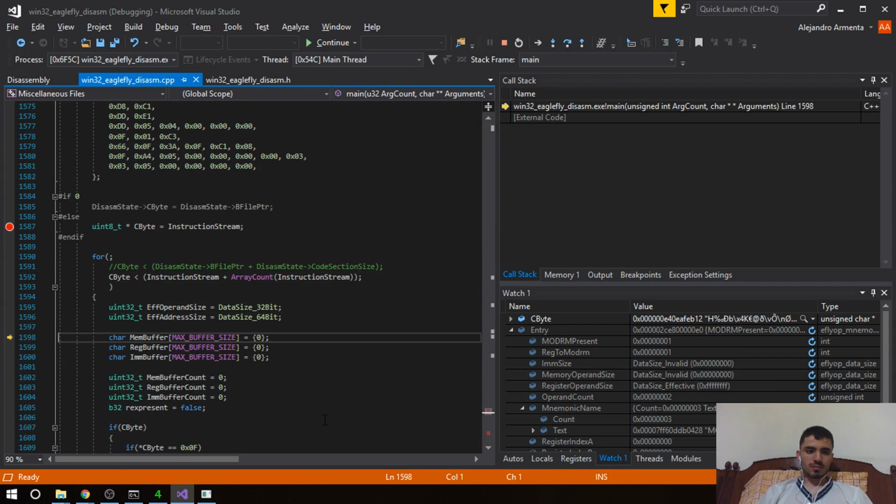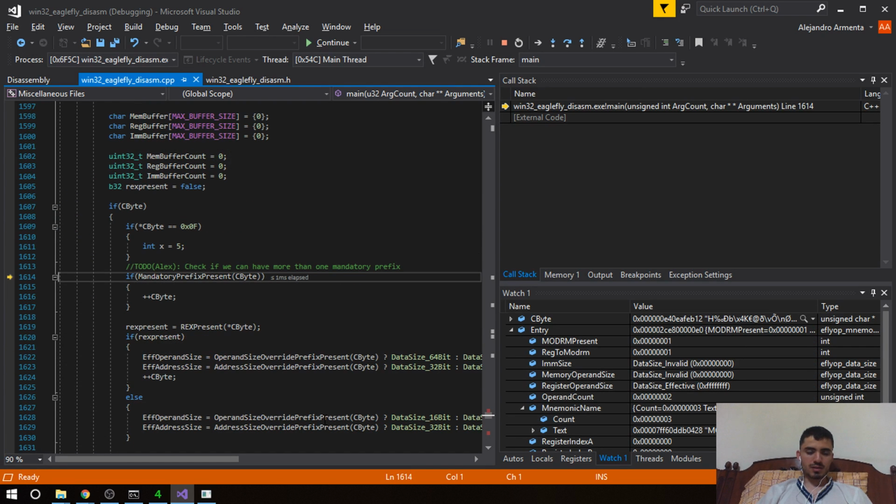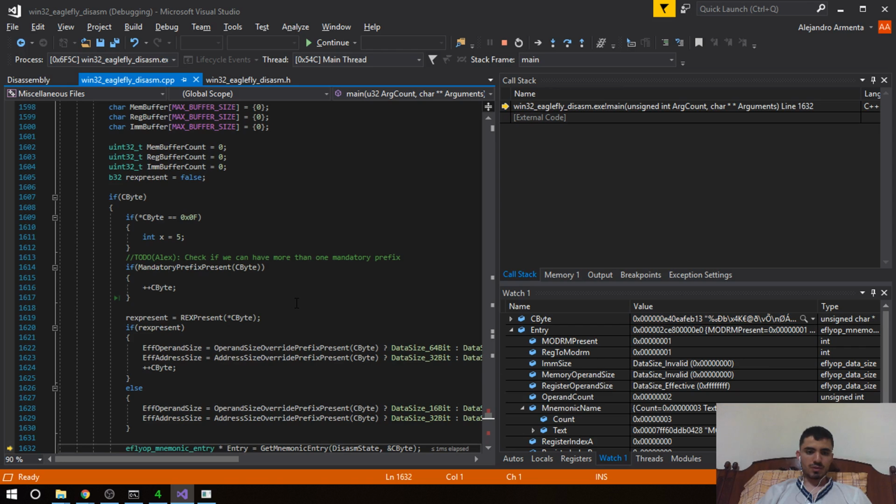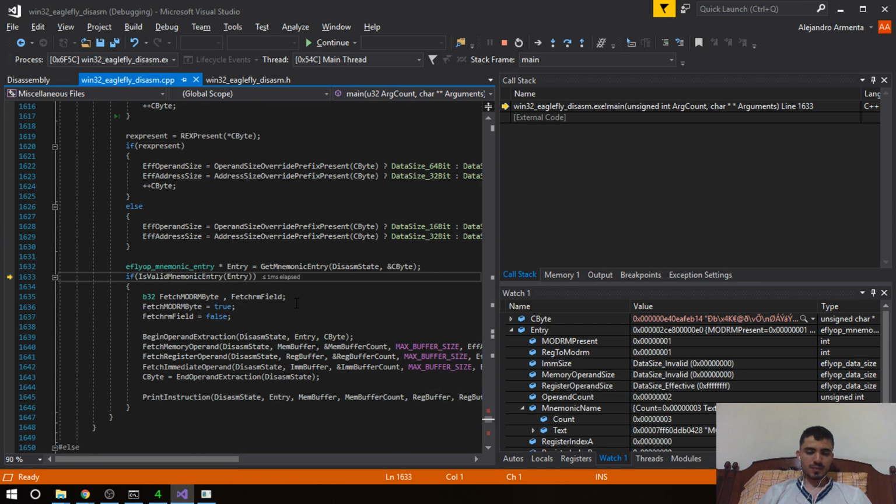And if we go to the next one, it should have a REX where we are. On the 48, that's correct. So there you go. We have a 64 thing, REX present. It's a valid mnemonic entry. We have a move, there you go. The main buffer should be REX, RDX, that's correct.